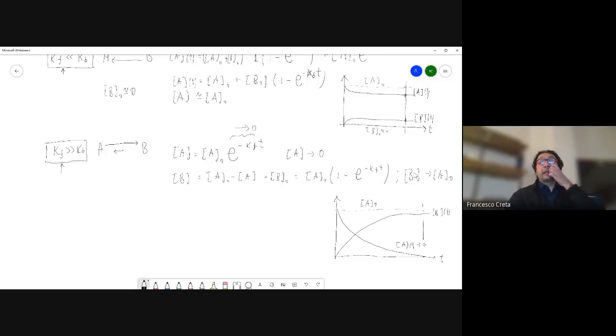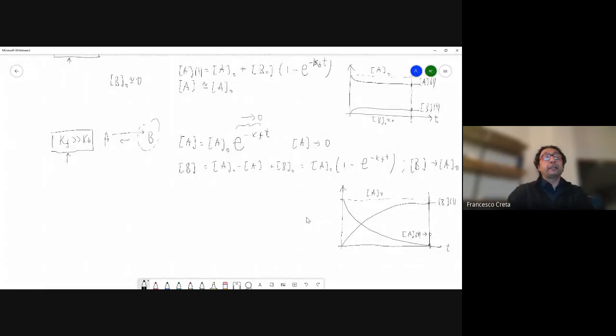So eventually at equilibrium, the reaction is completely shifted towards B, towards the right. Very good. Essentially, we have linked the size of the forward and backward rates to whether the reaction is shifted to the right or to the left.